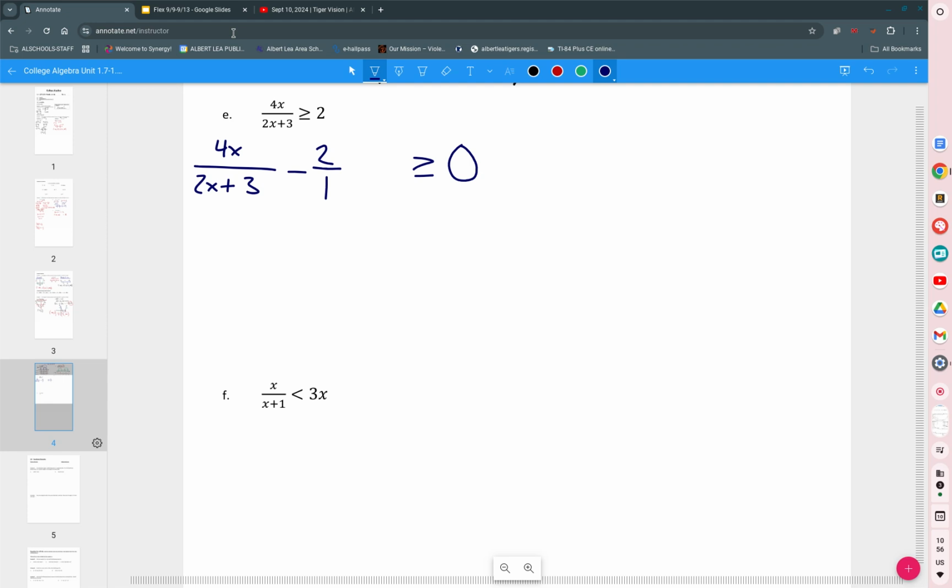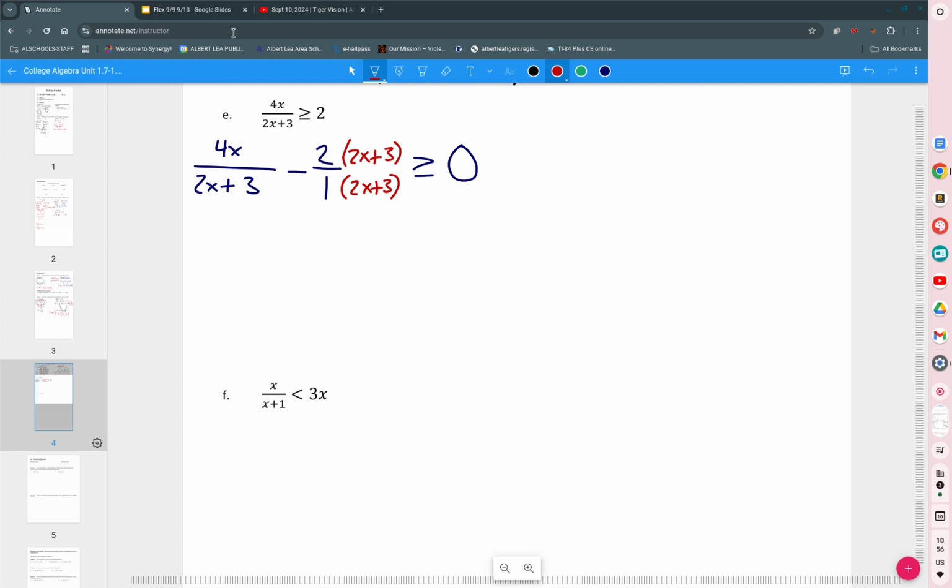If I'm going to subtract or add fractions, I must have common denominators. So I'm going to multiply the top and bottom by 2x plus 3. Which is why we spent time talking about fractions in our review for last unit, preparing for this time.